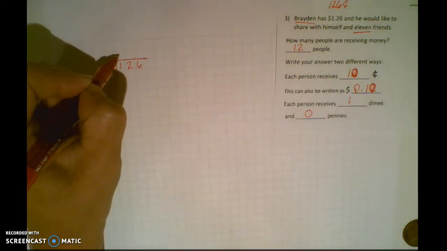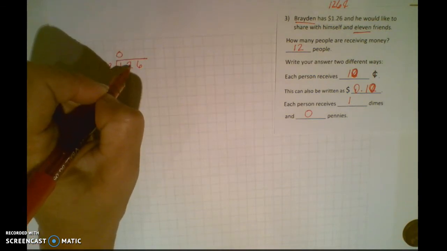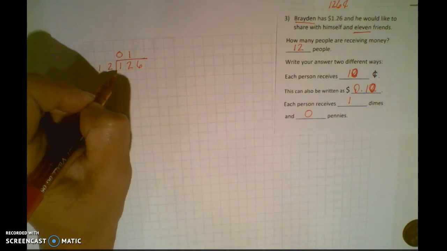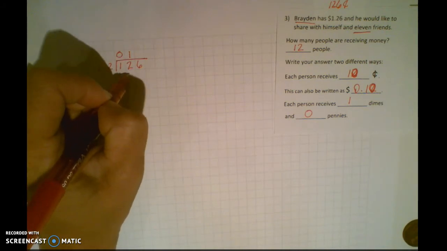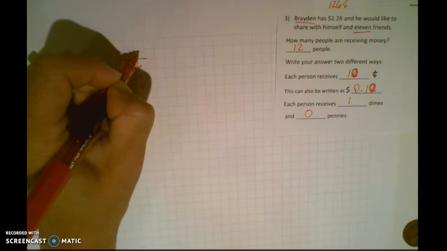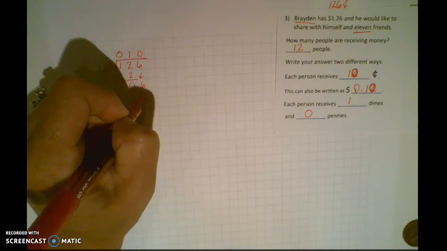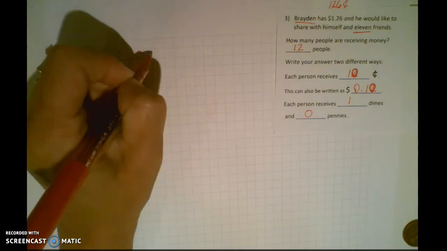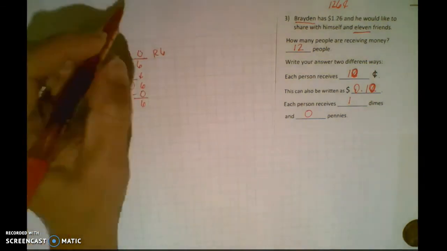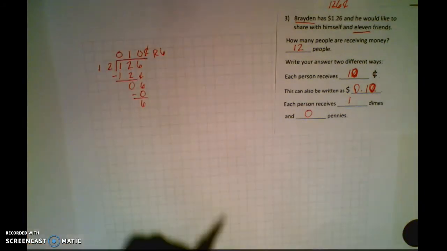Well, nobody got a dollar, but everybody did get 1 dime. So 1 times 12 was 12. Bring down that 6. Nobody could get a penny. 0 times 12 is 0. So I have a remainder of 6. So 10 cents with a remainder of 6 cents.